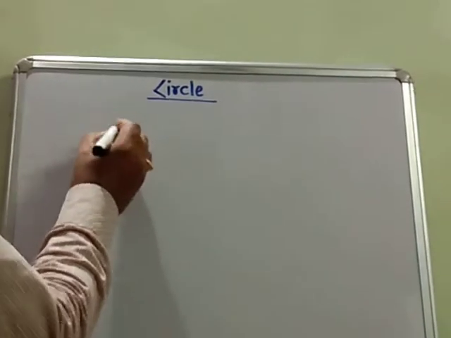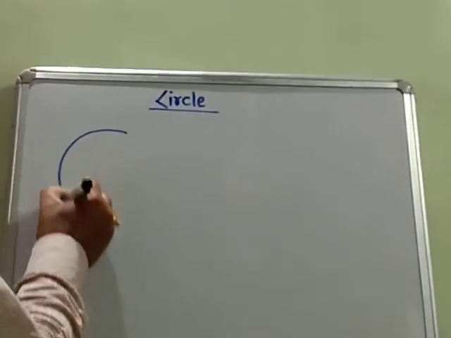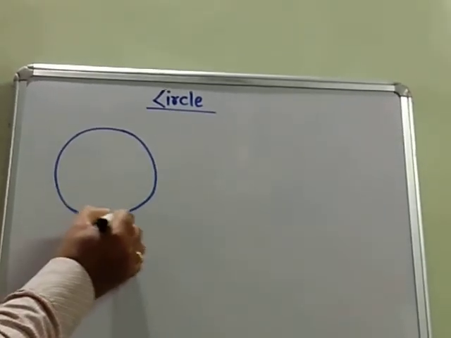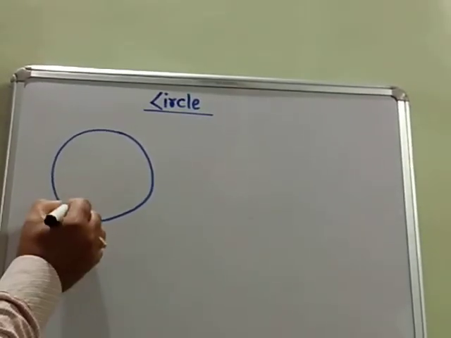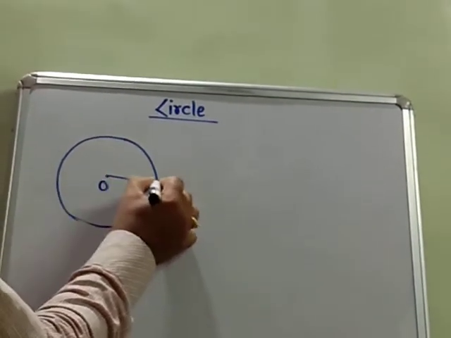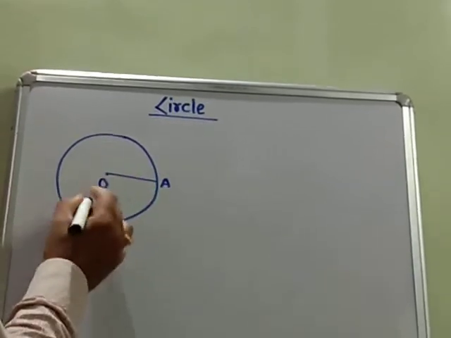In previous standards we clear the concept regarding the circle. This is the center of the circle O. OA is the radius.